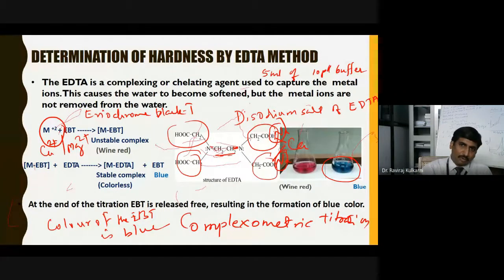Even if you add a small amount of base, it will not change its pH. Can you give me one good example of a buffer solution? The buffer solution we are using is ammonium chloride and ammonium hydroxide. It's the buffer we are using in this experiment.